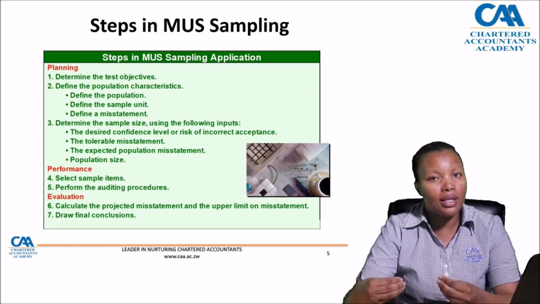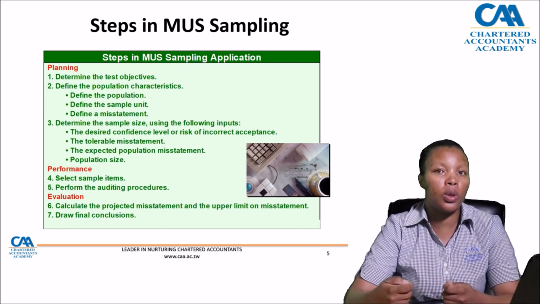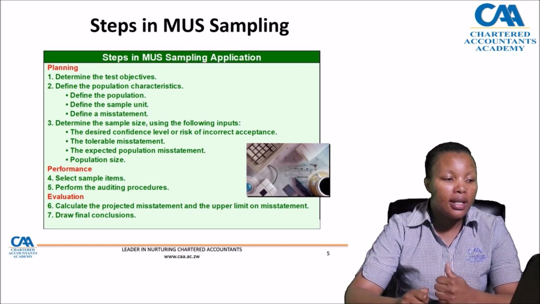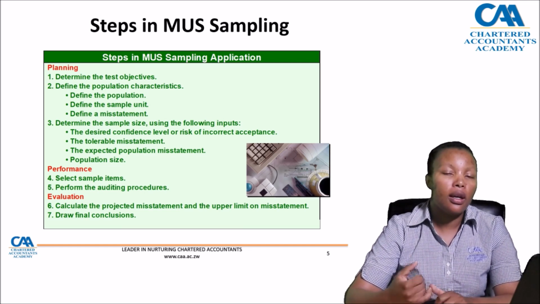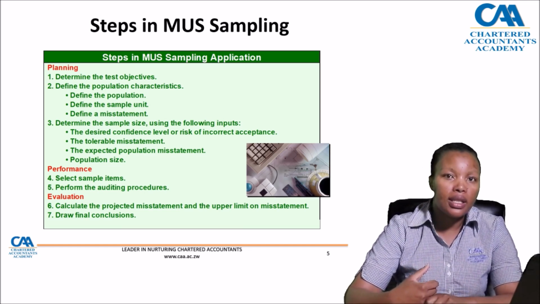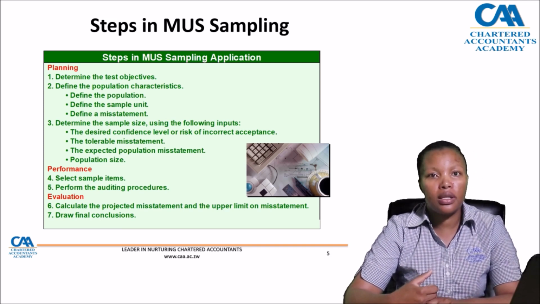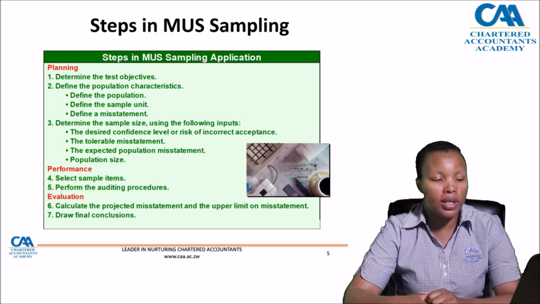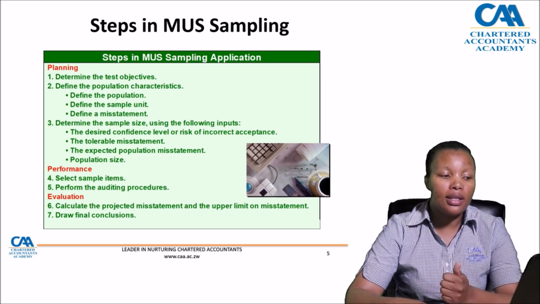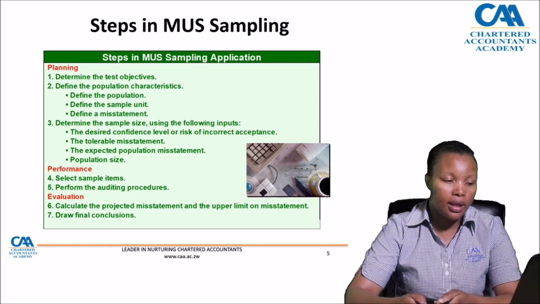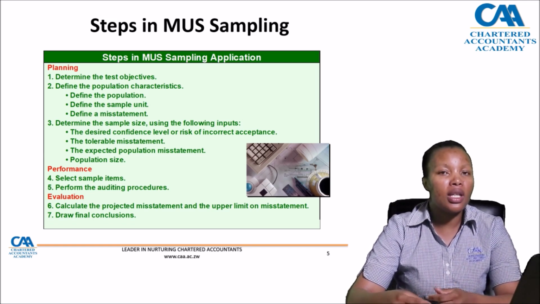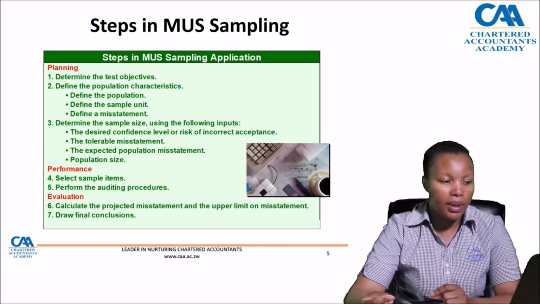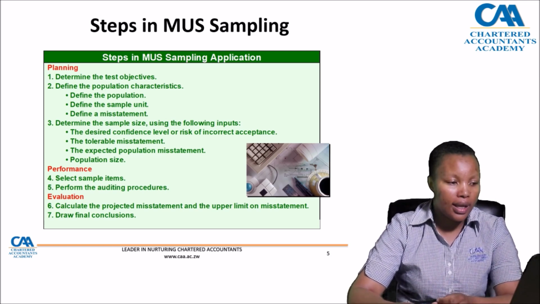Now we are saying what is a misstatement, because it's a monetary unit. So we're looking for the misstatement. And then the third thing that we do is determine the sample size by using, firstly, the desired confidence level or the level of risk of incorrect acceptance, just as we did with attribute sampling. And then we're also using the expected population misstatement now. Remember, at that time we used the expected population deviation, but now we're using the expected population misstatement and the population size.